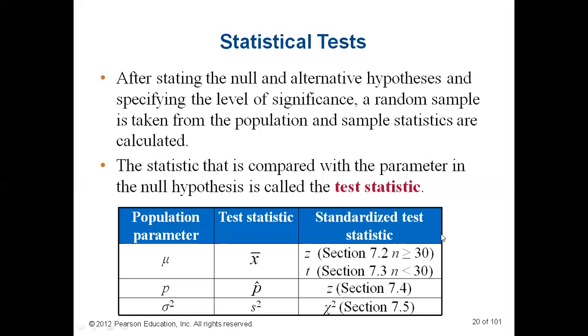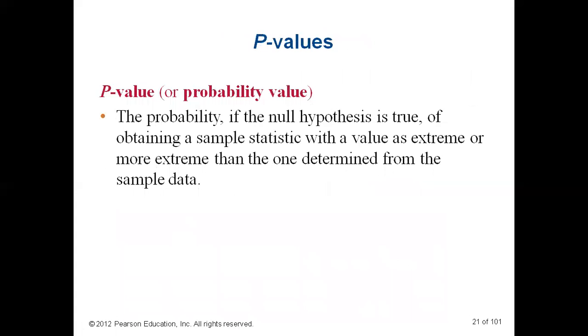The comparison between p and p cap is represented by the test statistic z, and the comparison between sigma square and s square is represented by the test statistic chi square.